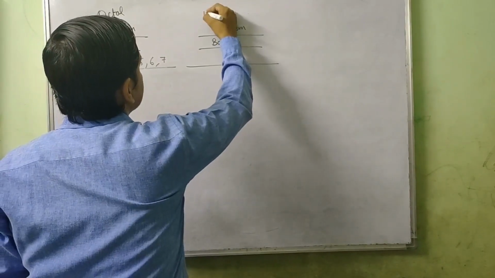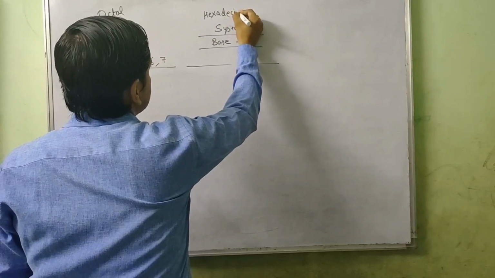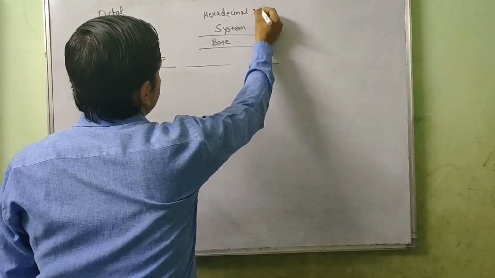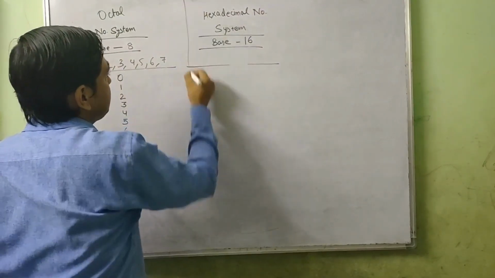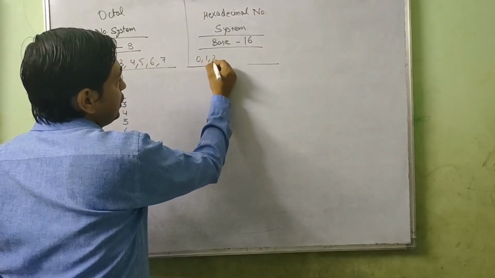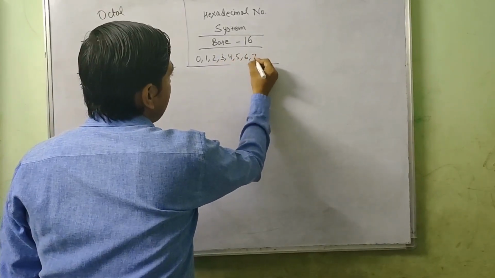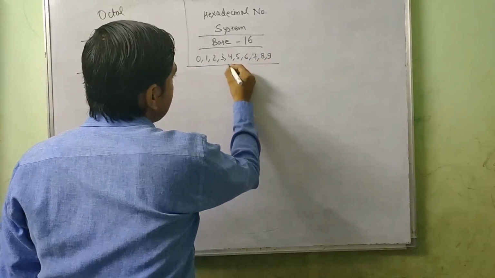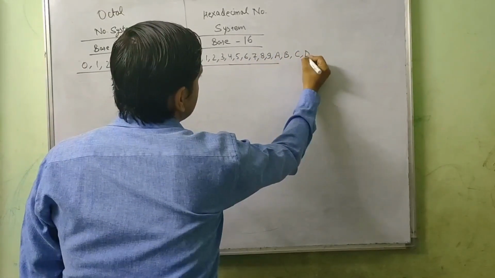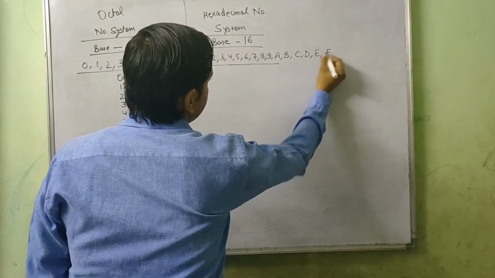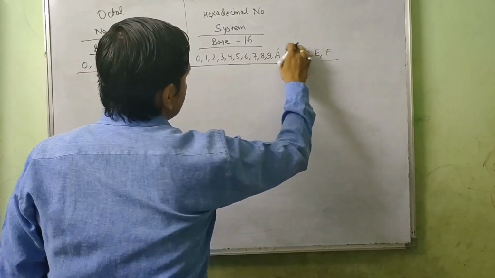Now let's talk about the hexadecimal number system. There are 16 digits in the hexadecimal number system, and because there are 16 digits, the base of it is 16. Now what are those 16 digits? It starts from 0 up to 9. So the first 10 digits are the same as in decimal, and after that it supports A, B, C, D, E and F, where A represents 10, and B, C, D, E and F represent 11, 12, 13, 14 and 15.